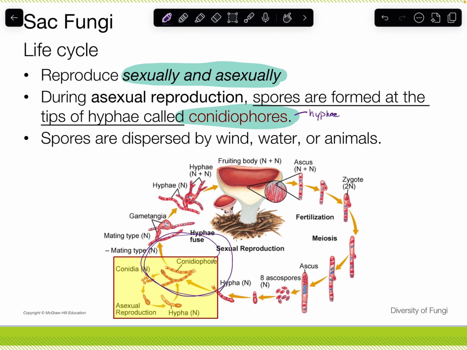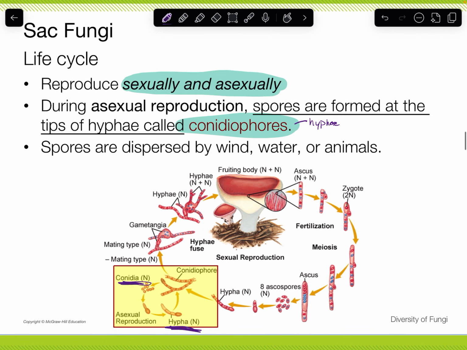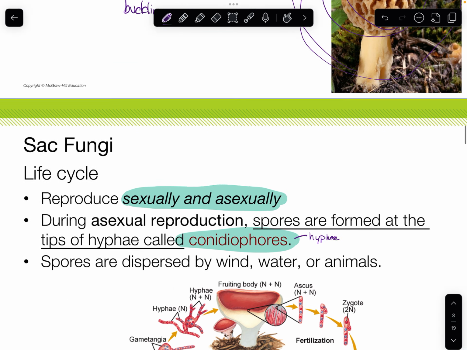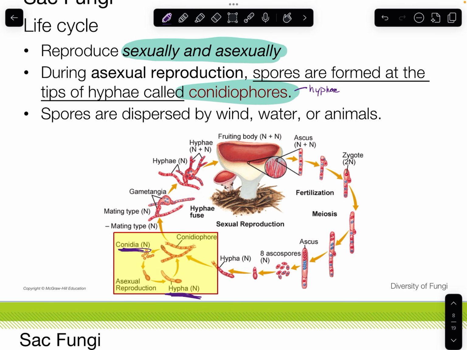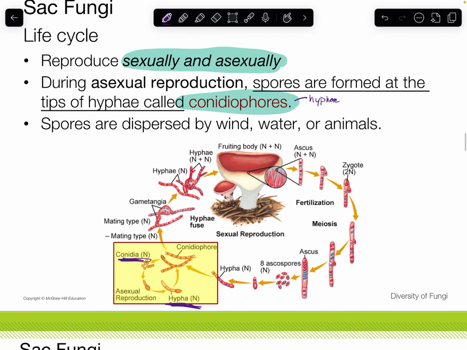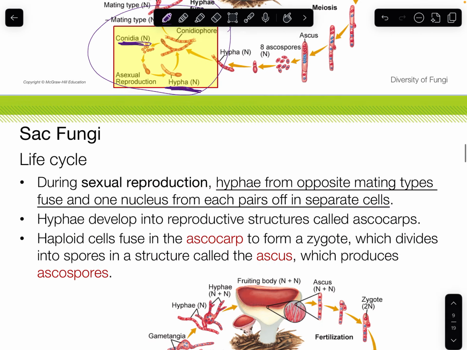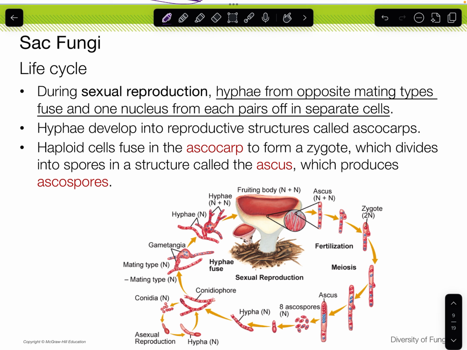Looking down here, these conidiophores are specialized, and they start producing spores, or conidia. These conidia, in asexual reproduction, then germinate into hyphae, which can then develop into a new sac fungus. Remember, we're in phylum Ascomycota, with conidiophores and conidia. So that is asexual reproduction, happening over here.